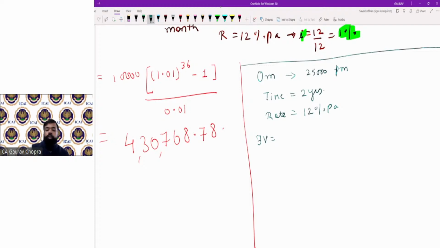So time you have to convert into months. So it will be 24 months. Rate is 1% per month. This time you have to calculate power 24.